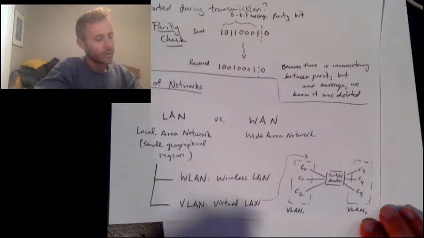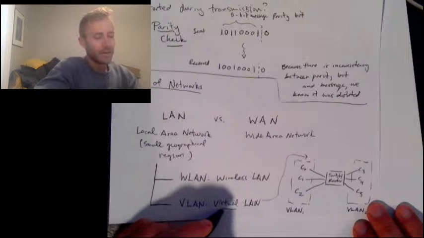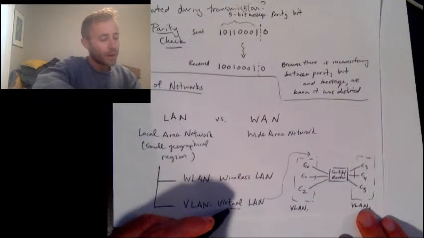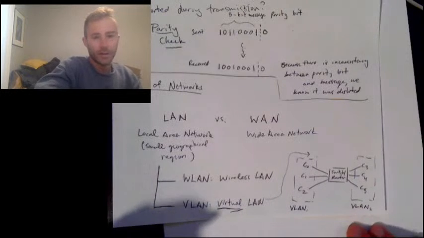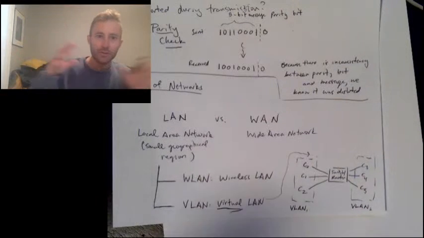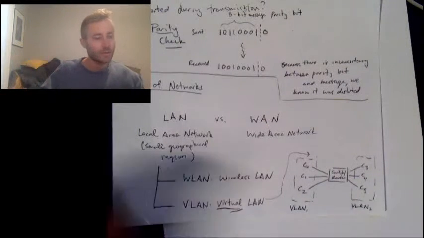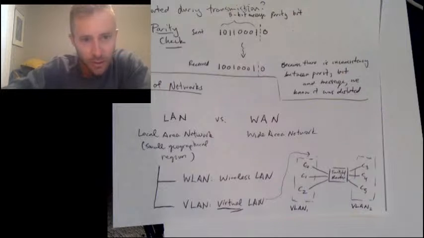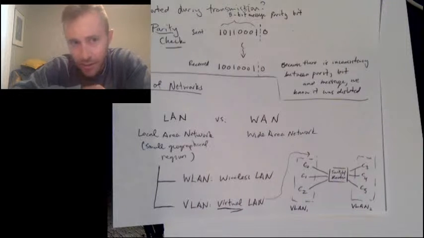So you have just one network, but the router is treating different groups of computers separately and making separate networks for them. The example in the IB textbook I was mentioning that I downloaded online was different departments of a business.